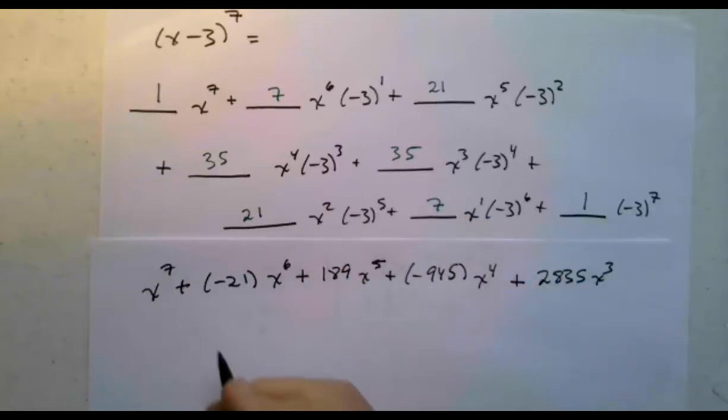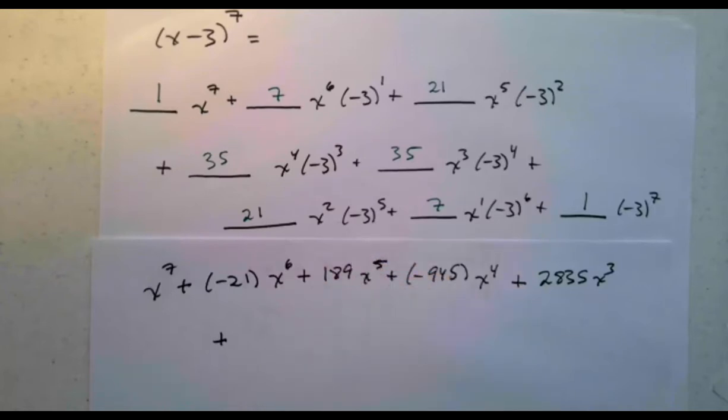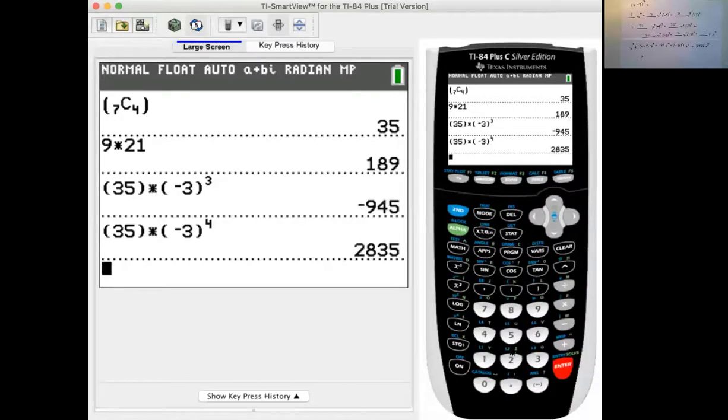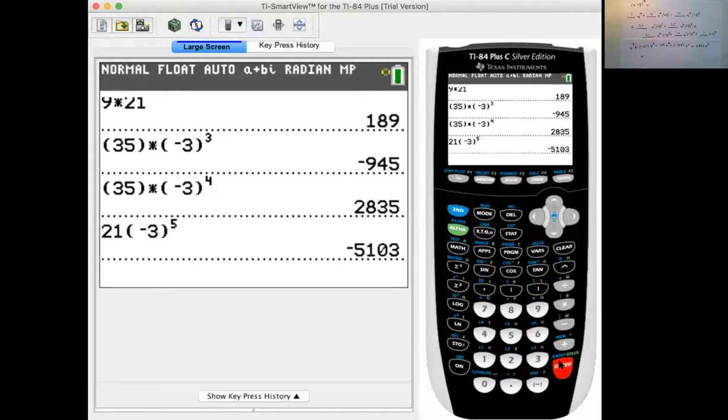Now I have plus 21 times -3 to the 5th x squared. Okay, 21 times -3 to the 5th gives me -5103 x squared.